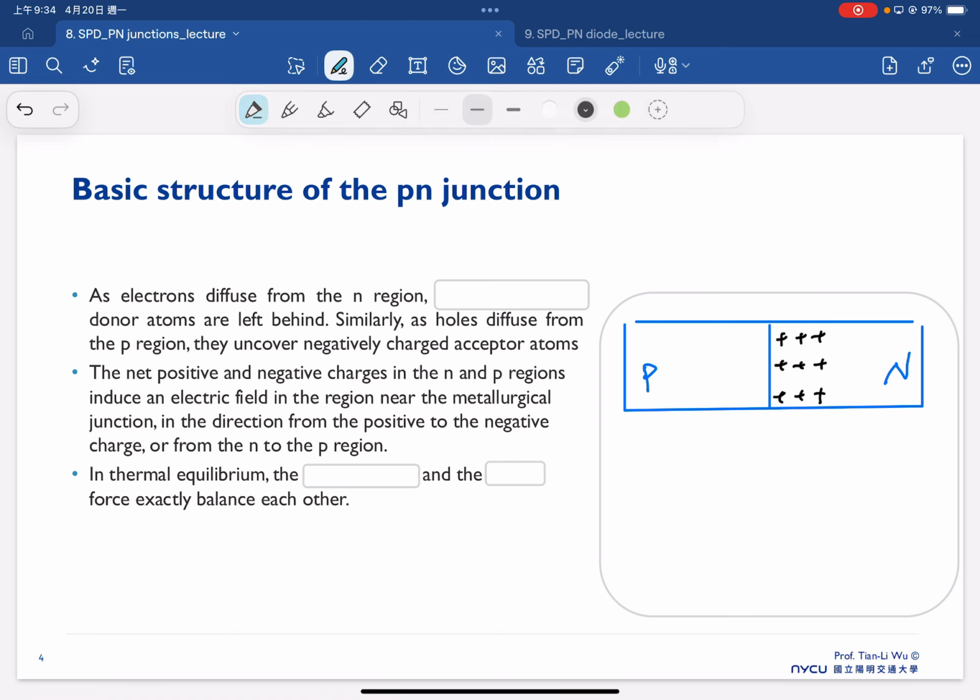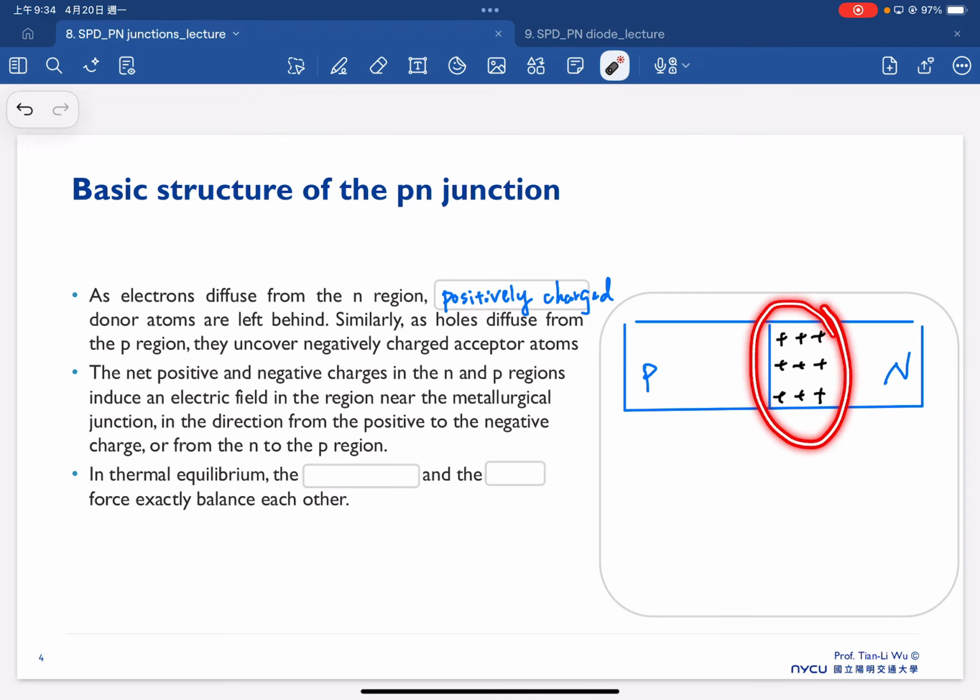So we will have this positive charge here.